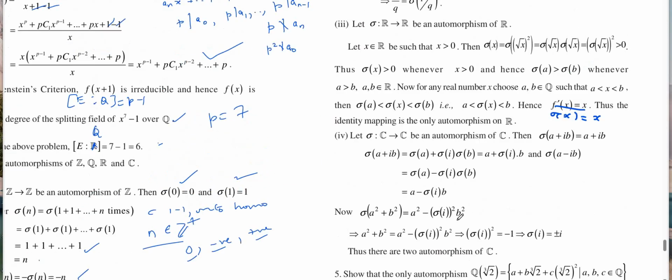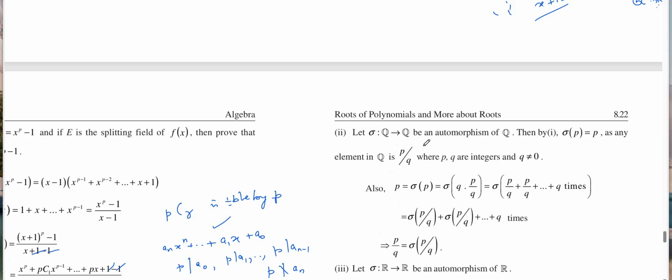Now in the same way, we'll consider the rational numbers. Again, we do not know what that mapping is, so we take sigma to be the automorphism which we need to determine. Q means you have all integers, positive, negative, even 0, and others of the form p by q, where p and q are integers with q non-zero.